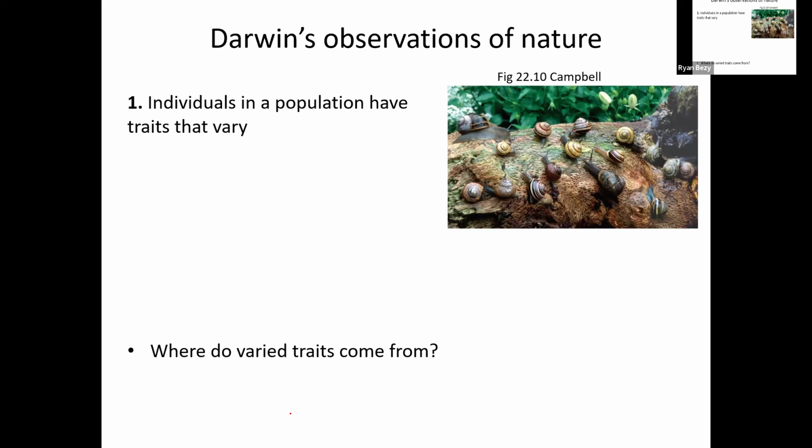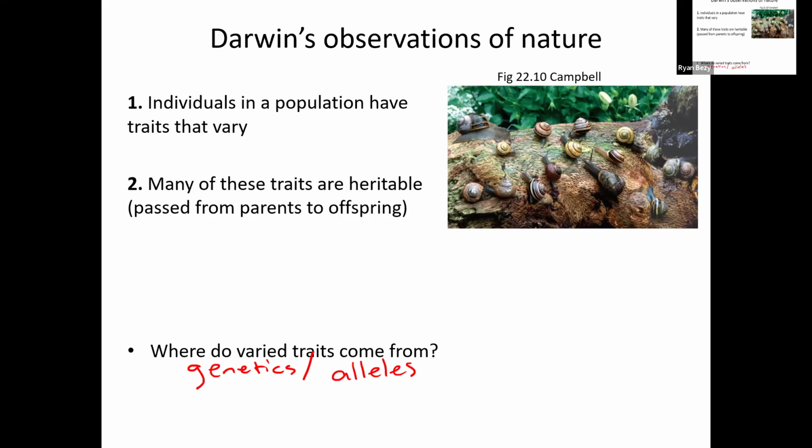And anytime we're talking about inheritance, most of the time, varied traits come from varied genetics or varied alleles, then genetic inheritance. Most traits are genetically controlled. So the other idea here is that these traits are typically heritable.